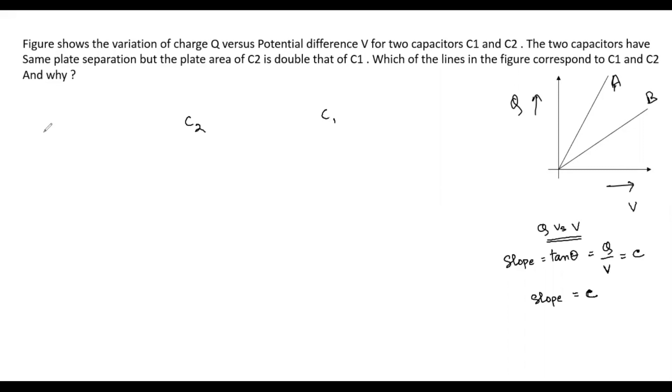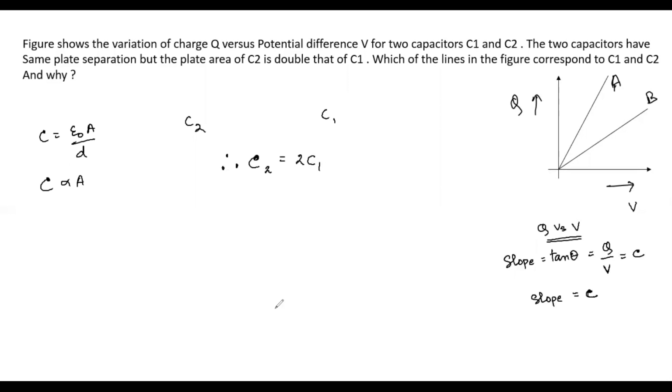Now remember, for a parallel plate capacitor, the capacitance expression is epsilon naught A by D. So it is clearly seen that the capacitance of a parallel plate capacitor is directly proportional to the area of the metal plates. Since C2 has double the area compared to C1, C2 will be twice of C1.